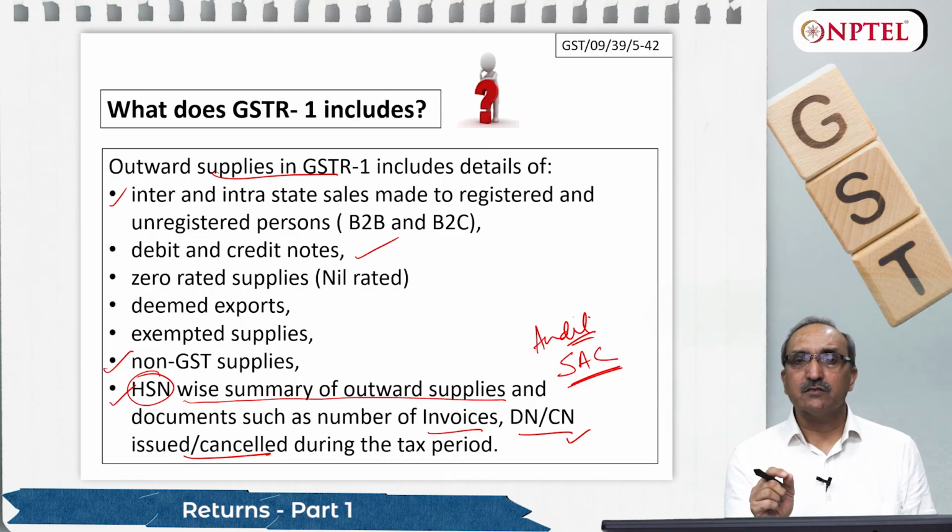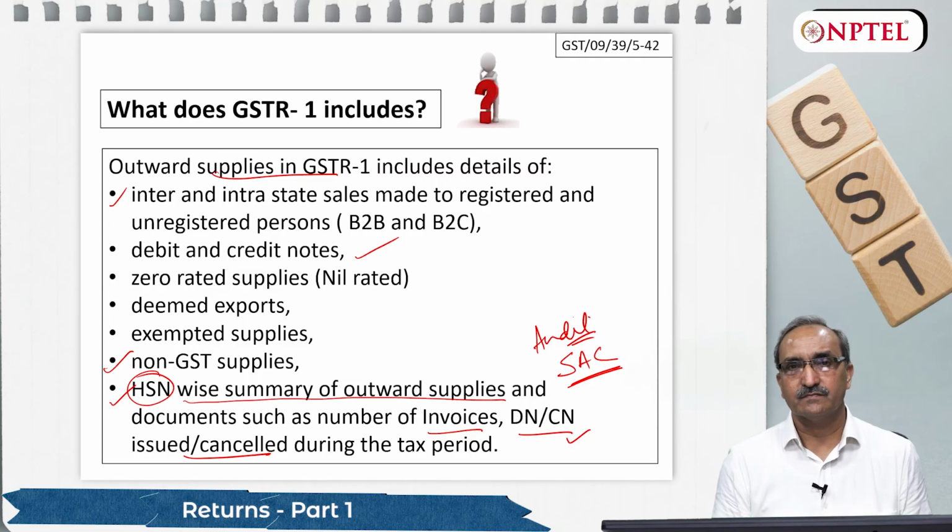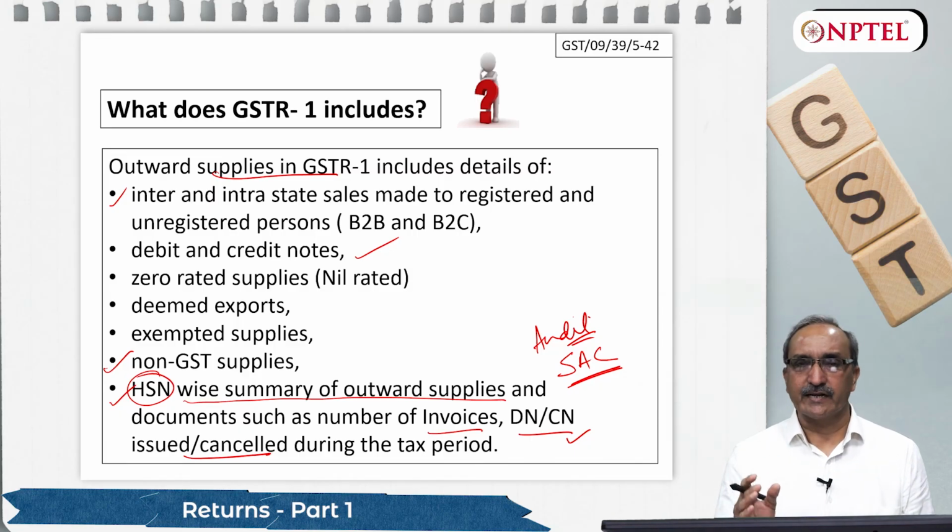Accordingly, your sale return should come, your turnover should be reduced by that amount, and your tax liability will also reduce accordingly. So everything is linked with each other.